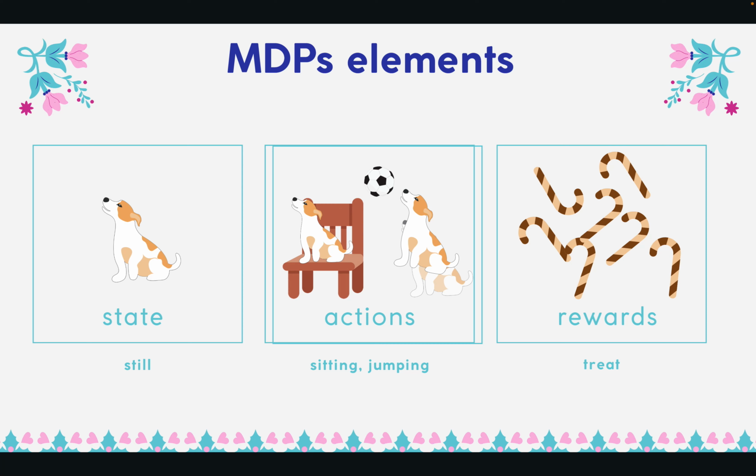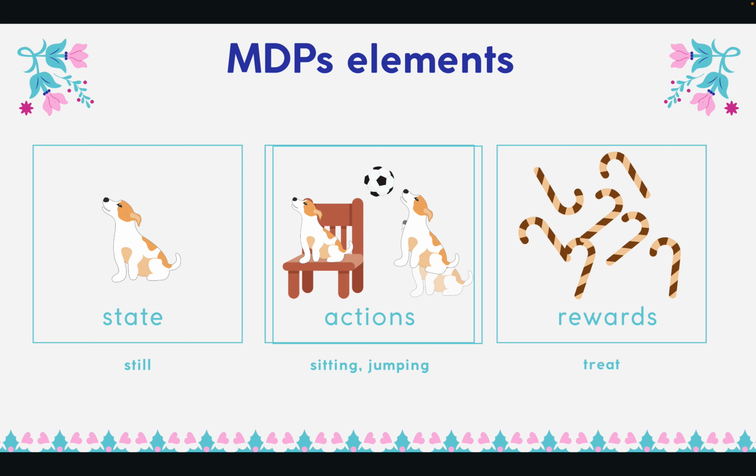Markov decision processes are a way to model a reinforcement learning problem, and an MDP is a mathematical framework that consists of a set of states, actions, rewards, and transition probabilities. Also, the episode and the step, which will be explained later.